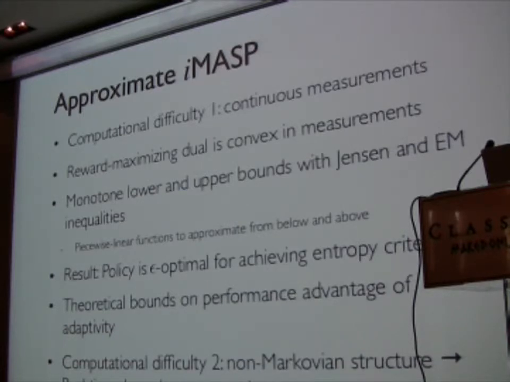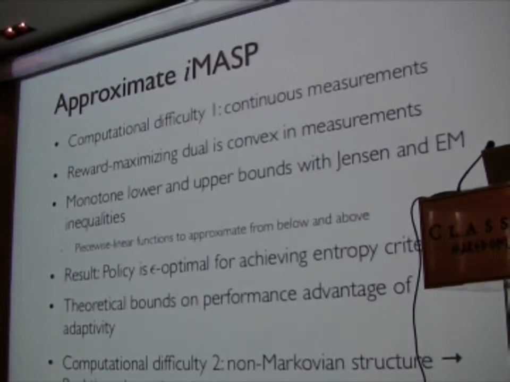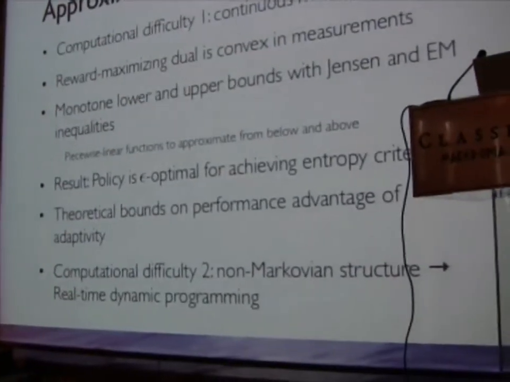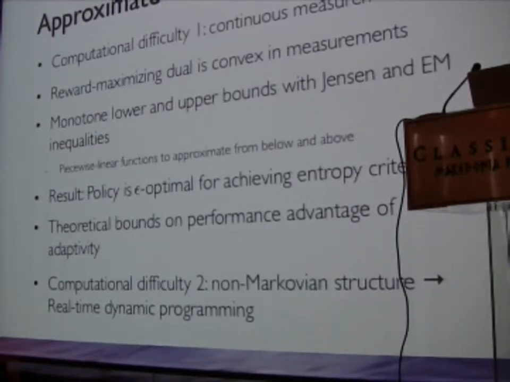These bounds are piecewise linear functions that approximate the value function from below and above. As a result, I'm able to show that the approximately optimal policy is epsilon-optimal for achieving the entropy criterion. What that means is that the policy is not worse than the optimal policy by epsilon.